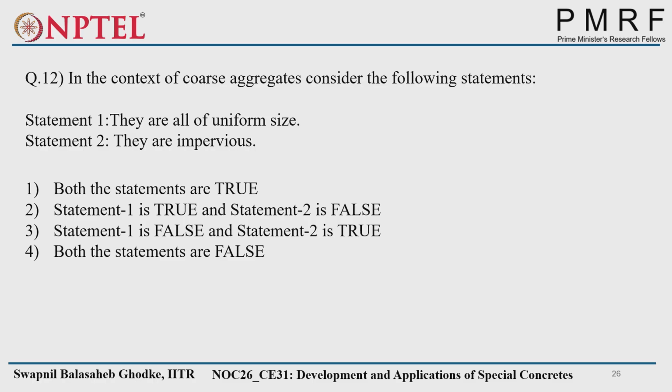So next, in the context of coarse aggregate, statement 1 says that they are all of uniform size, and statement 2 says they are impervious. So what will be the correct answer? Statement 2 is correct, right? And one is false.